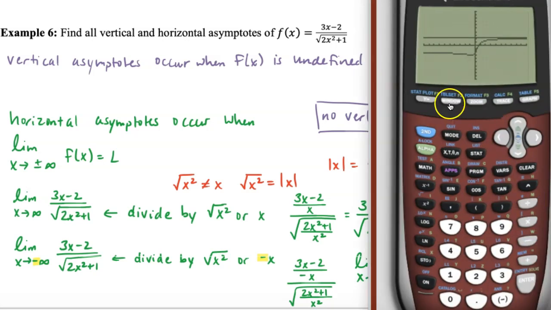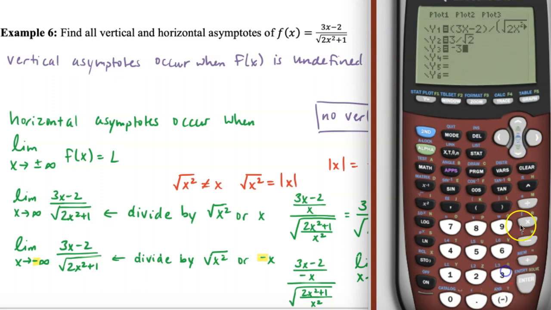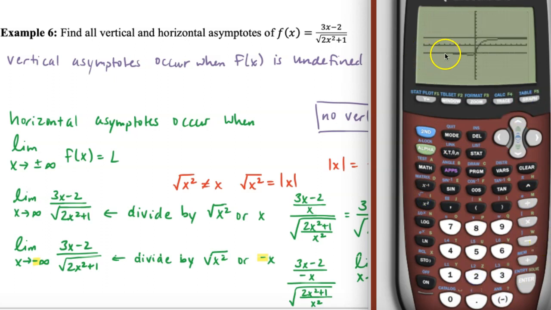Let's go back to our graph and make sure that lines up. So is our other asymptote negative 3 over root 2? Yes, it looks to be about right.